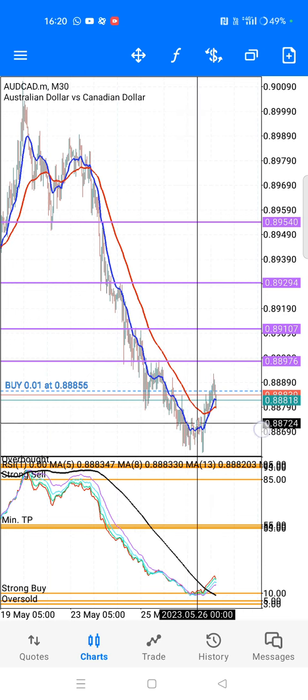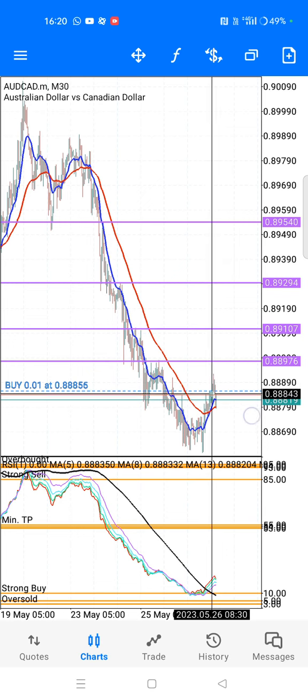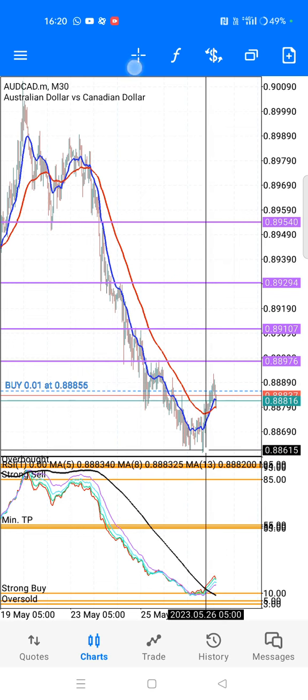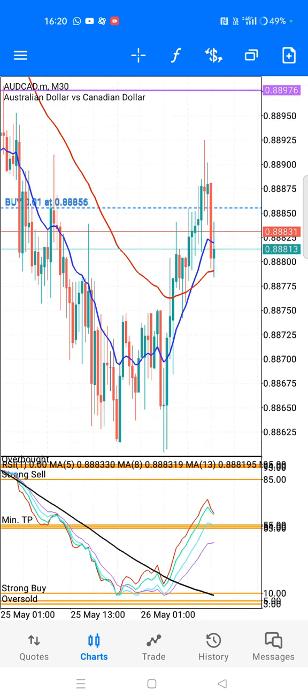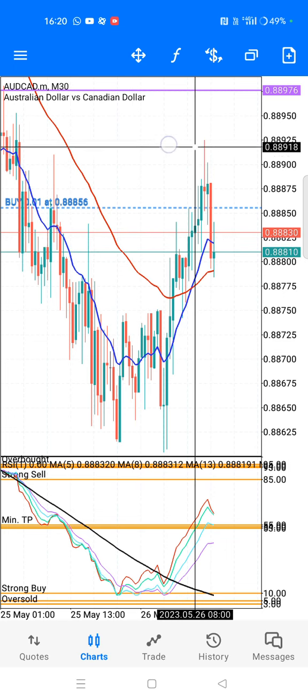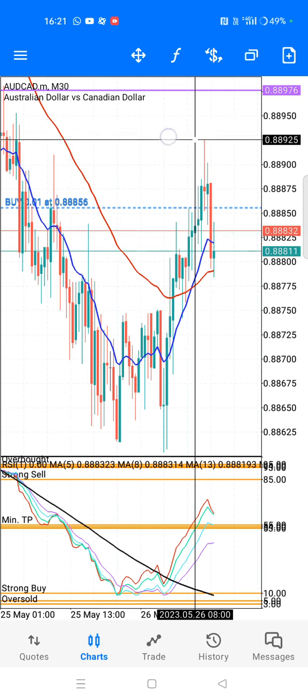So let me tell you, don't follow this habit of mine. Yes, I entered a very long time ago. It actually reached here. I've already achieved about 10 pips. 856 925 less, only 7 pips. But it's not worth it because I didn't follow the SOP.